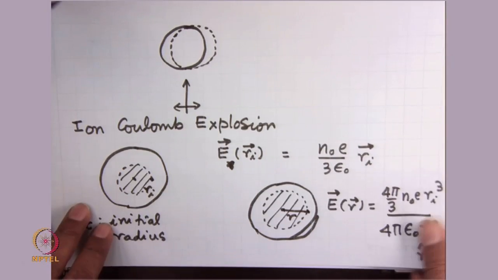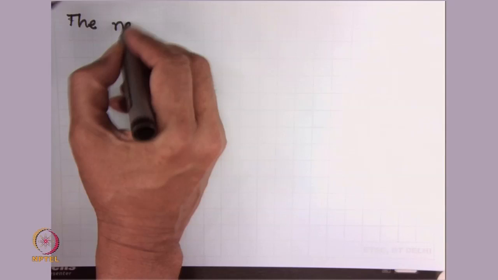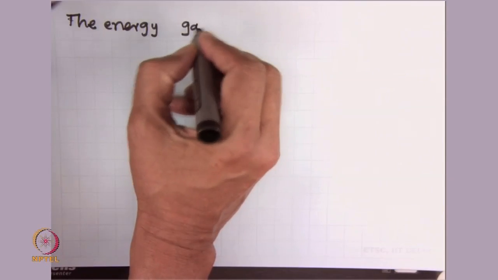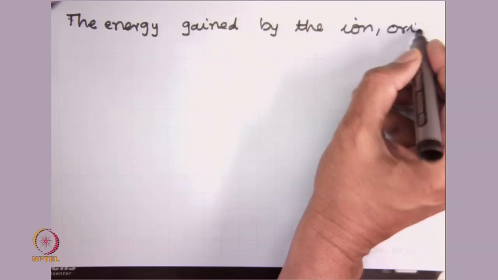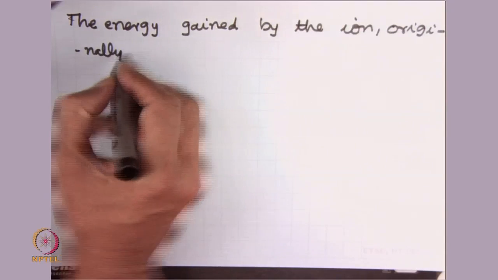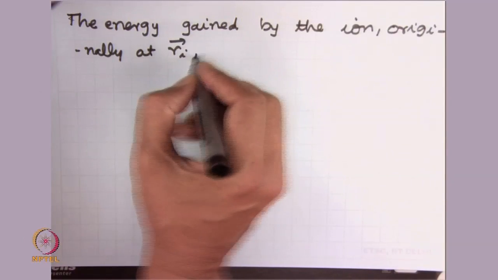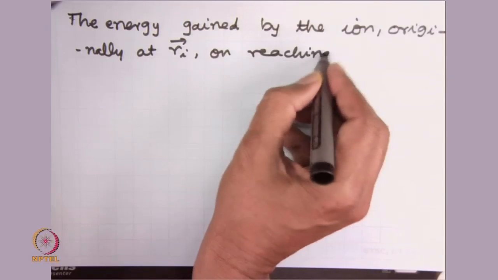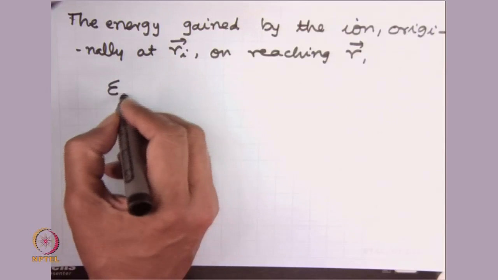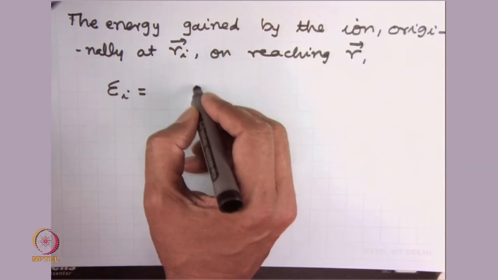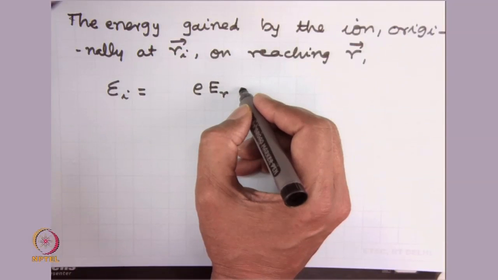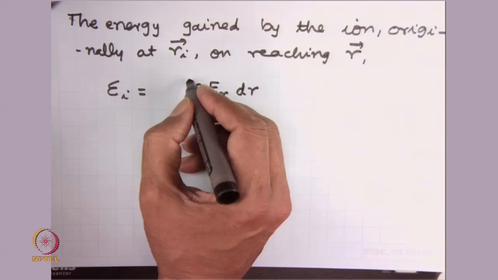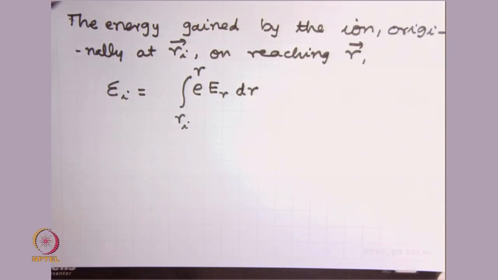So if you calculate the work done or energy gained by the ion originally at Ri on reaching distance r, this energy Ei is equal to the electric force on the ion, which is e times E of r, multiplied by the distance travelled, dr. If I multiply and integrate from initial position Ri to position r, this is the work done.